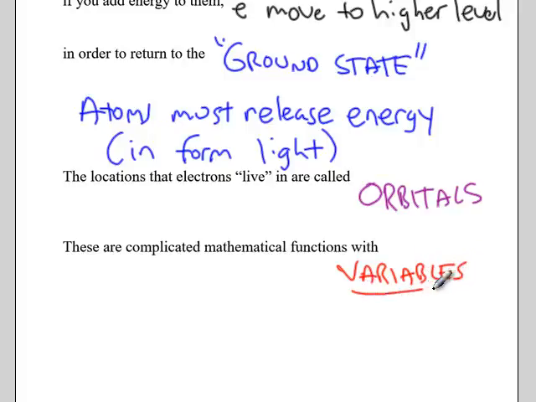And so these variables are what we're going to focus on. We're not going to focus on the mathematical functions. We're just going to talk about the variables. In other words, the input, the numbers that you input into the formula to give you the answer.